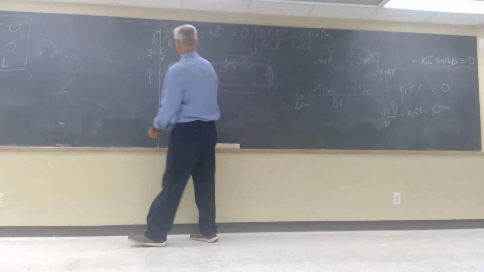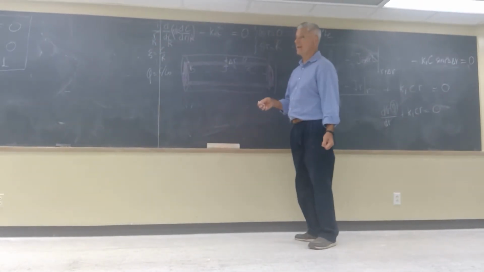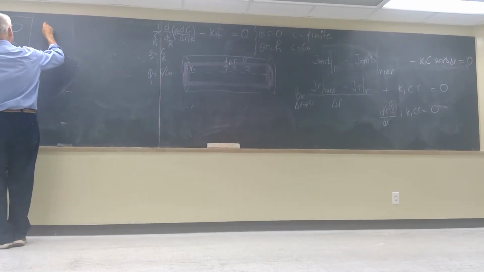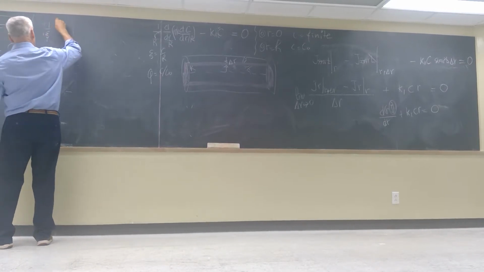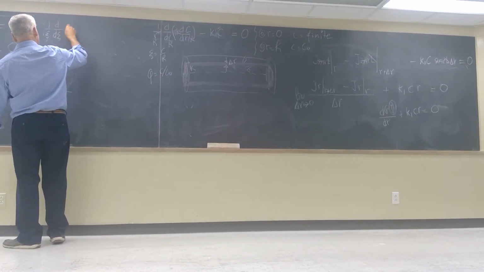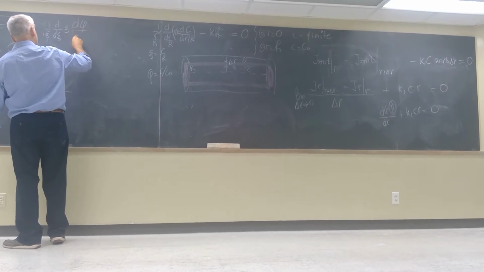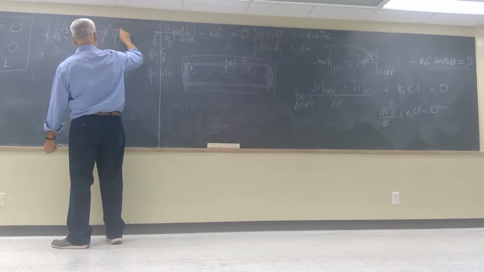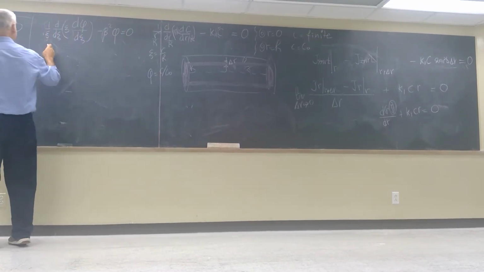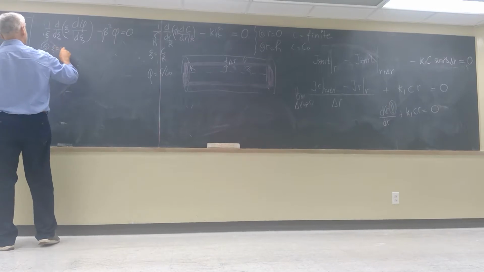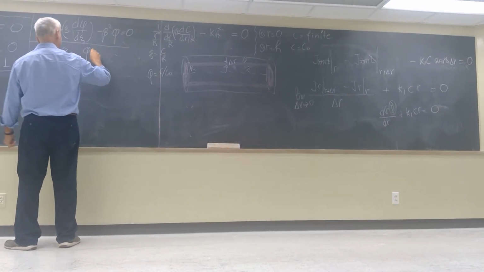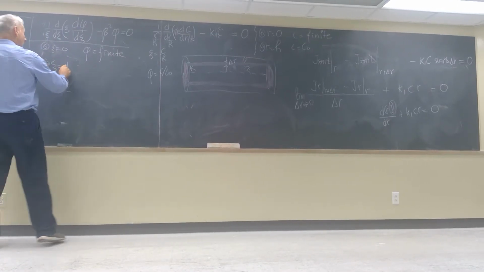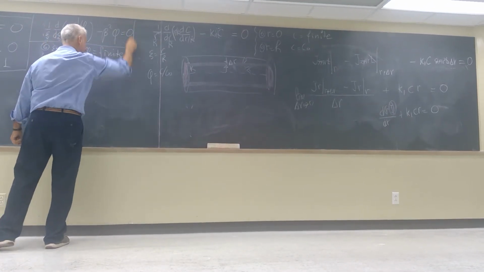And of course, we can divide C by C0 and get our phi. And the differential equation would be 1 over psi d psi d phi d psi minus beta squared phi is equal to 0, with conditions at psi 0, phi is finite, and at psi 1, phi is 1.